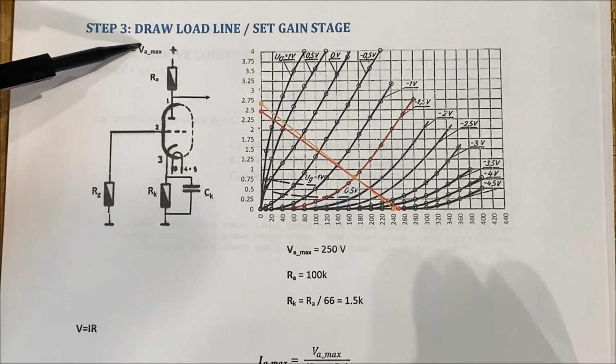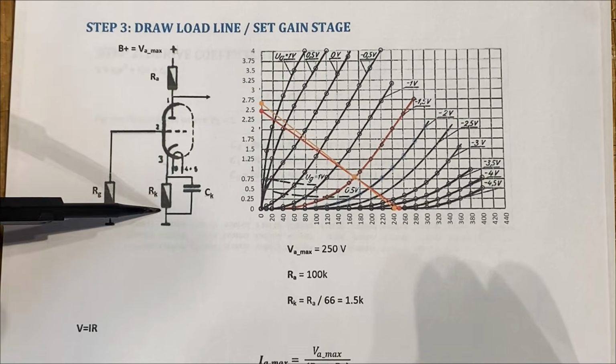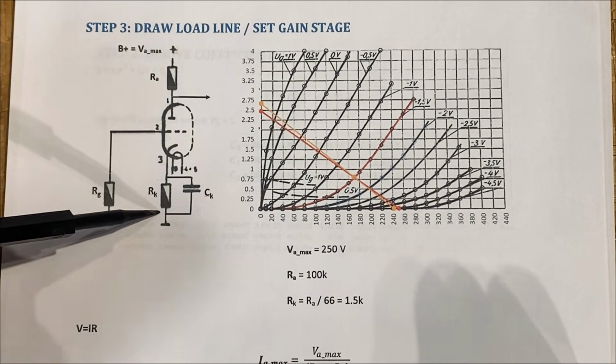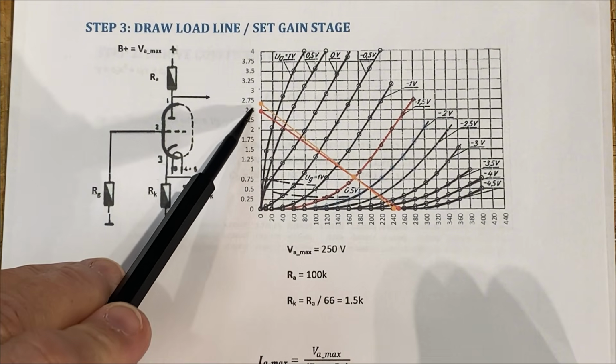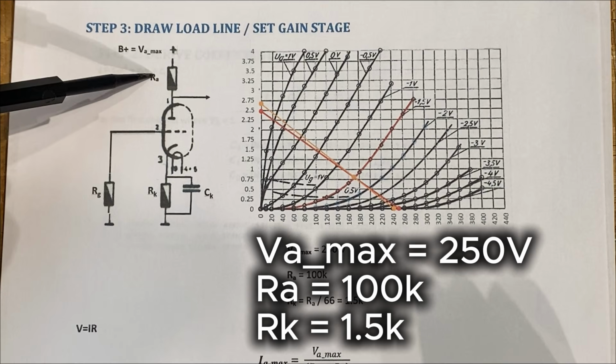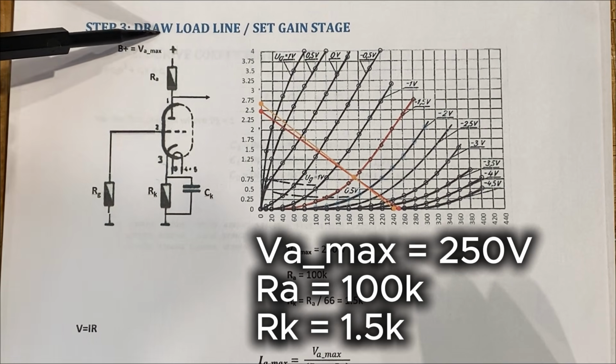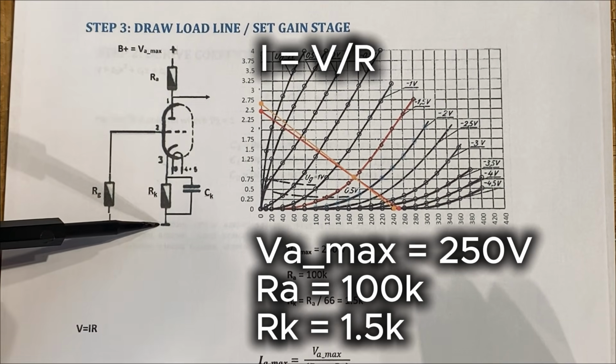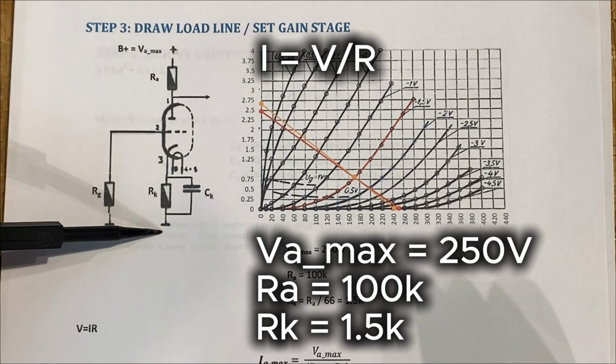Now that I know a voltage and these resistance values, to calculate the maximum current, I just use Ohm's law. I've got a voltage, I've got a resistance value, and I calculate what the current is coming through these two resistors.